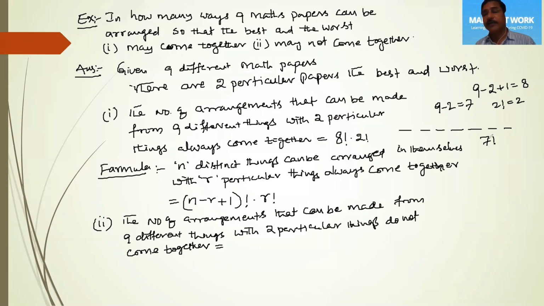Now after arranging these 7 elements, the 2 particular elements can be arranged so that they do not come together.